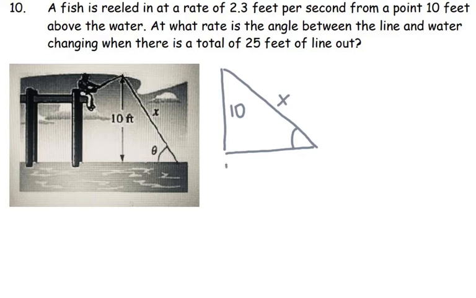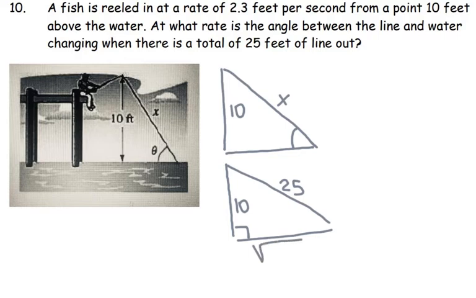At the moment when the line is 25 feet, so here I have 10, when this one is 25 feet, then the base of this right triangle, using the Pythagorean theorem, is the square root of 525. So here is theta, and here is theta.